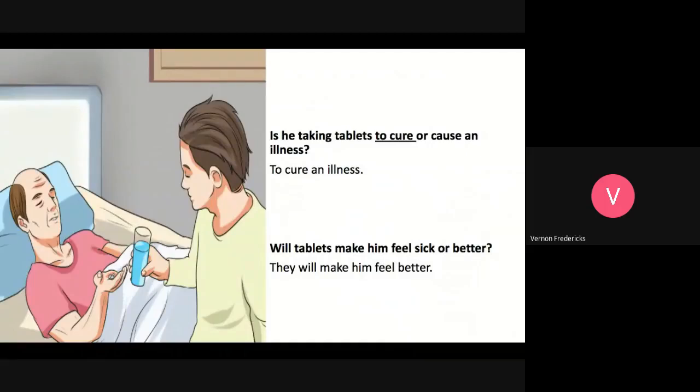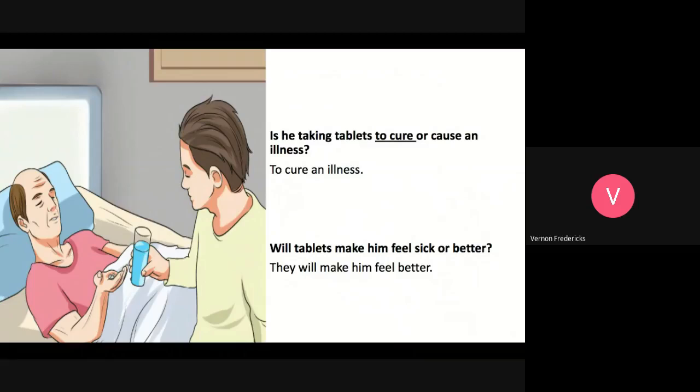Okay, here you see an older man lying in bed, and there's a young man with him. The young man is giving him tablets and some water to drink. What is the question here? Is he taking tablets to cure or to cause an illness? He's taking the tablets to cure an illness, to stop the illness.